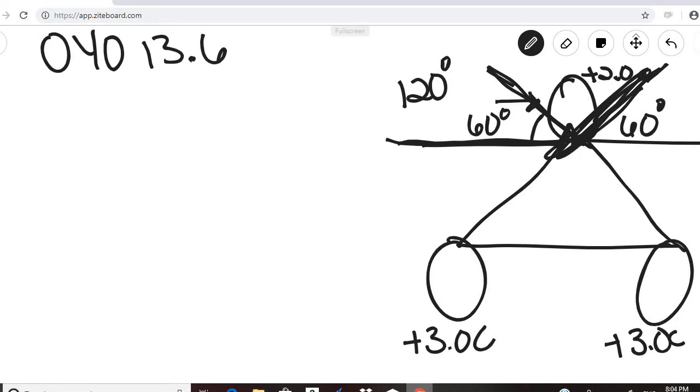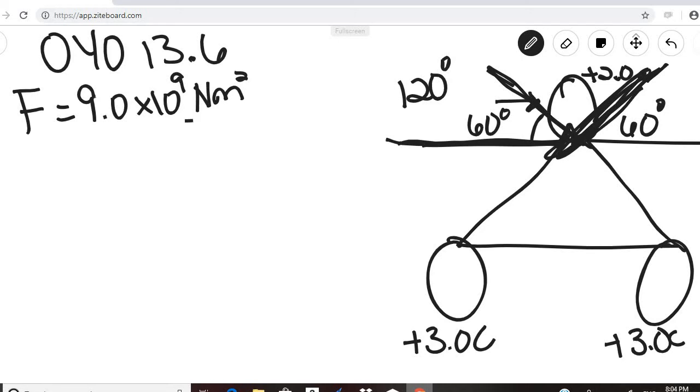let's look at the charges then. So F is going to be 9.0 times 10 to the 9th newton meter squared over coulomb squared.